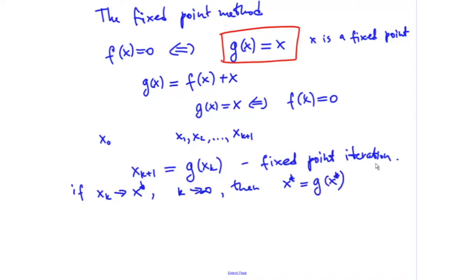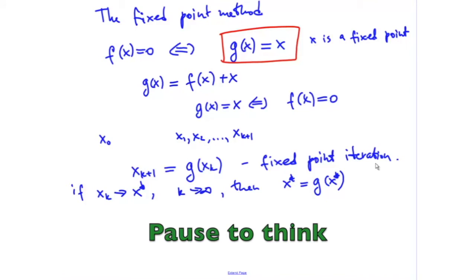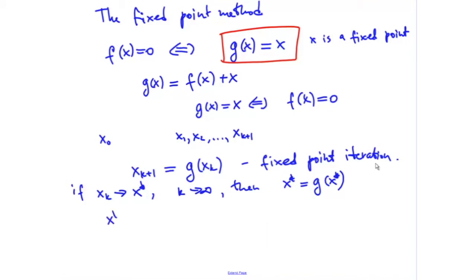So how do we show this? If I consider x star, then x star is given by the limit of xk plus 1 when k tends to infinity. For convenience, let's write xk plus 1, because this way we can express it as the limit of g of xk when k tends to infinity.